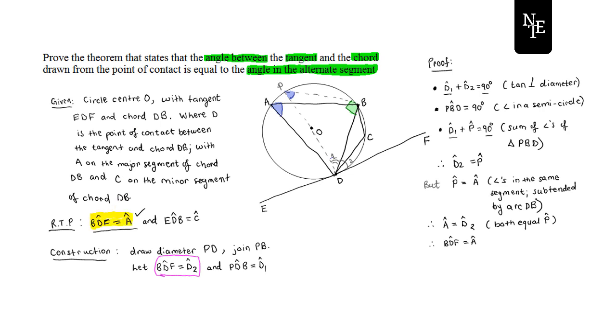Now let's go for this second part where we need angle EDB. Let's just highlight it. It's quite hard to see. I'll do it in orange. Okay, there we go. I'm talking about this angle.